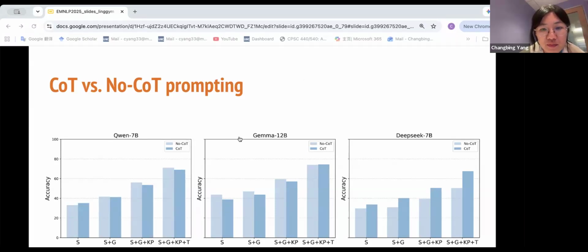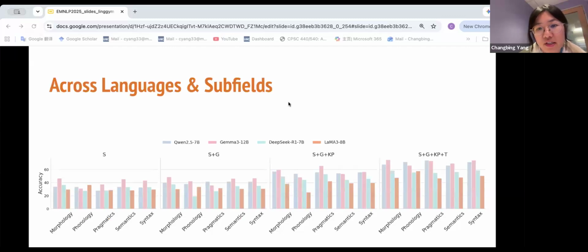And finally, here are some results across languages and linguistic subfields, because we studied 18 different languages, and each language book contains different subfields of linguistics. So we can analyze these subfields easily.